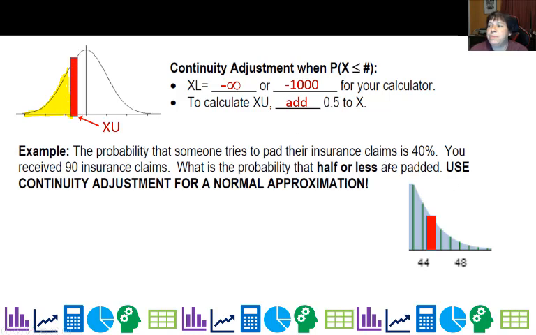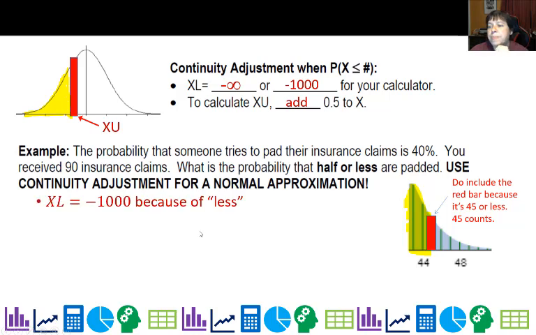So in this example, less than or equal to is like the words half or less. So I'm going to want to include 45 in everything below. So we are going to include the red bar. So the lower value for our x is negative 1,000 because of less. The upper is going to be 45.5 because I want to include this.